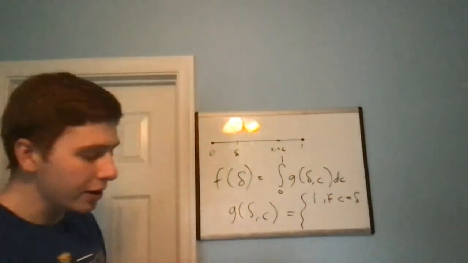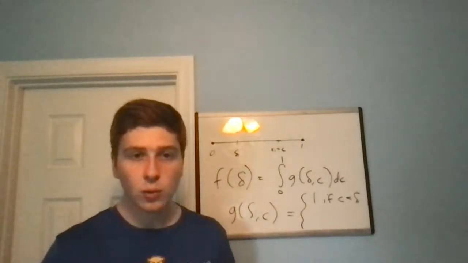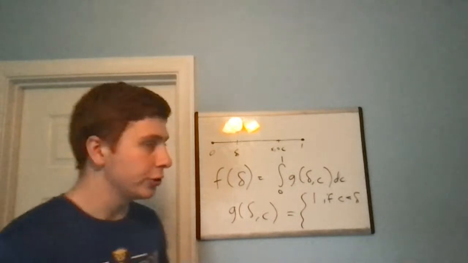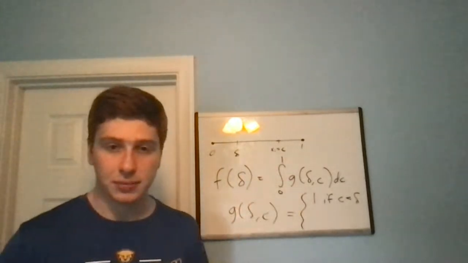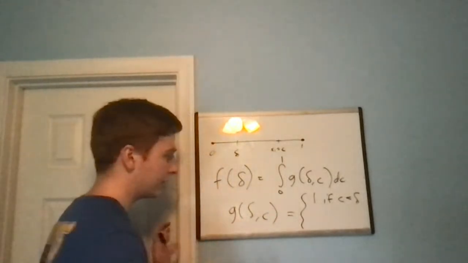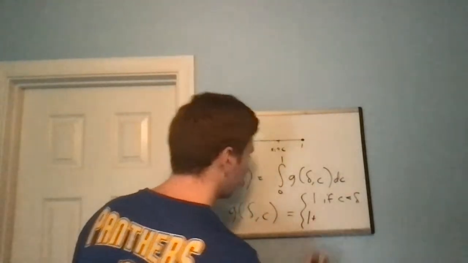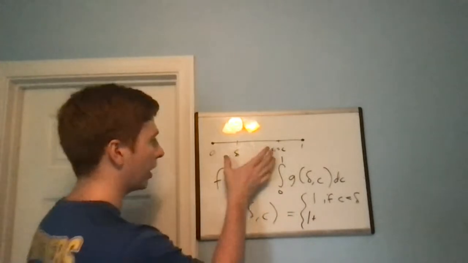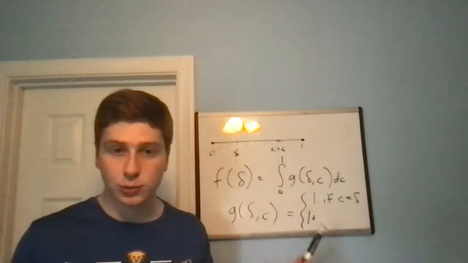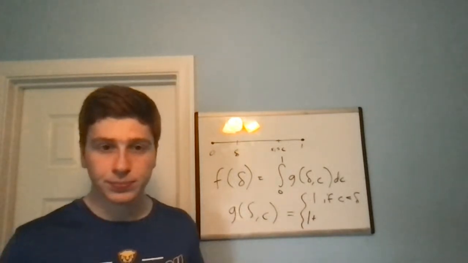Now, if c is greater than delta, we're going to use the same scaling idea. So let's say c is some value greater than delta. Then it's going to take 1 plus, and then you imagine x1 was at 1 and we scaled delta to be delta over x1, or delta over c, right?